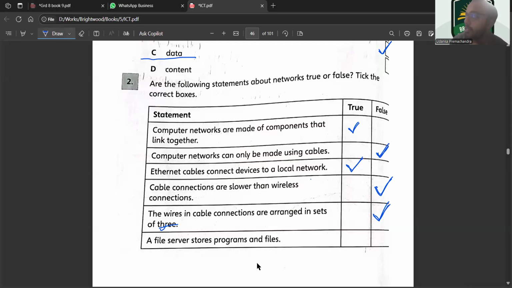That's correct. That's true. A file server stores programs and files. That's right.